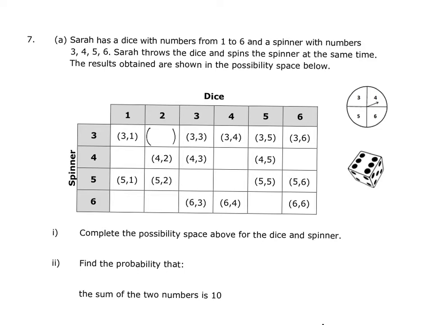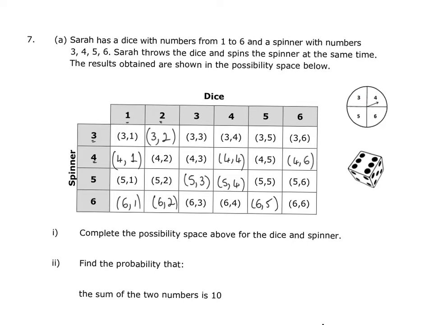So first I write the spinner, which is 3, and then the dice. First I write the spinner, which is 4 for this one, and the dice is 1. Okay, and I continue using that pattern. Okay, so check yours out.